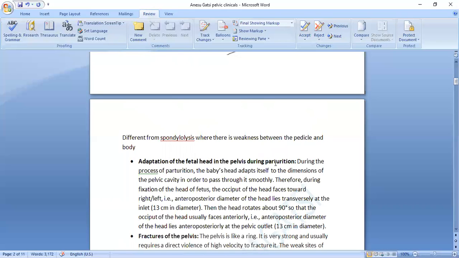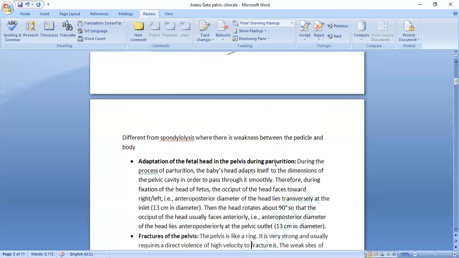So initially the head of the fetus faces toward the pelvic inlet, right? The anterior posterior diameter of the head lies transversely at the inlet. That is, it's in the right and left axis.